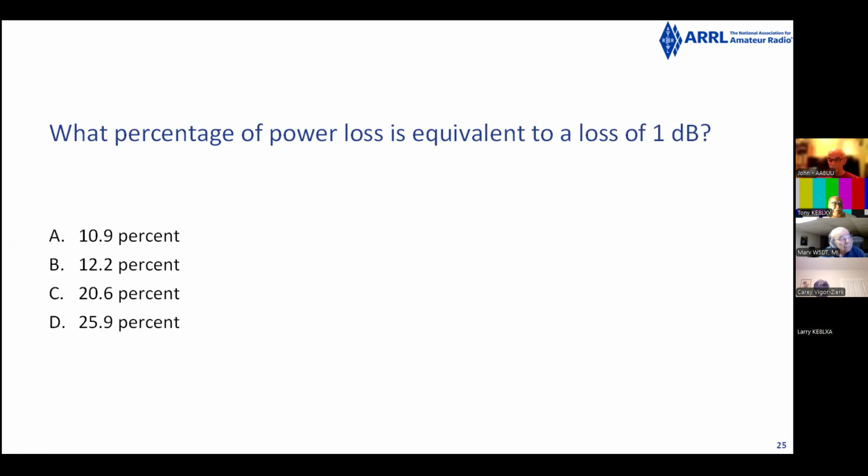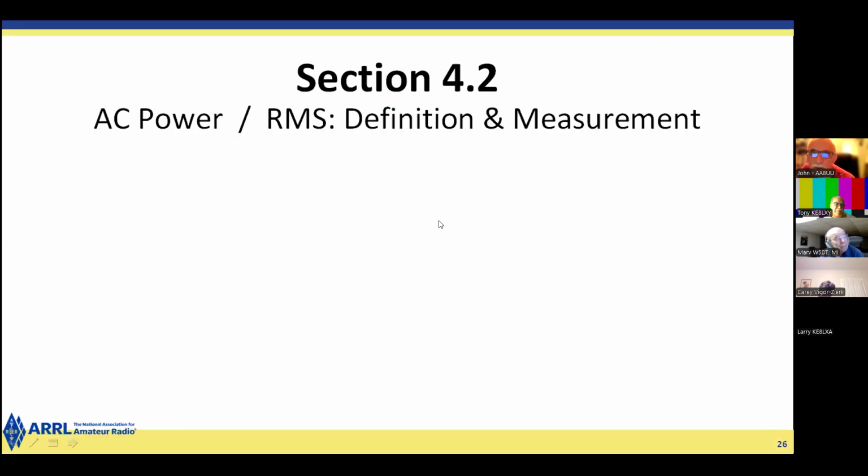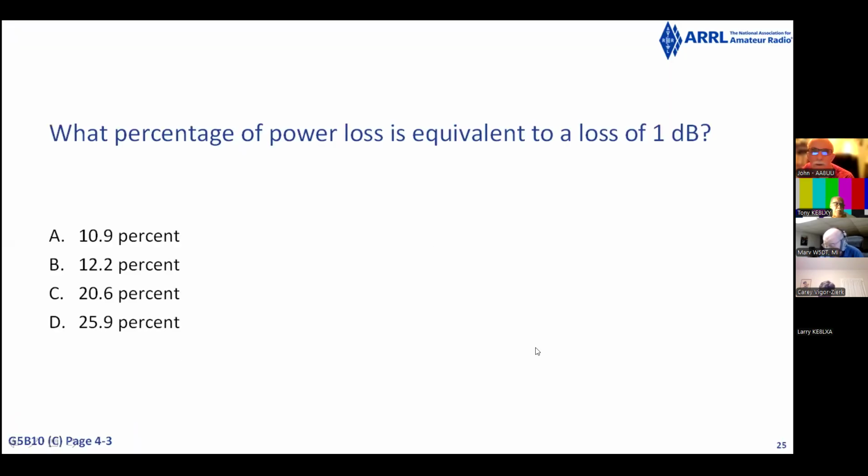What percentage of power loss is equivalent to 1 dB? So minus 1. Darn it, I just worked through this, and that was the last one up here.